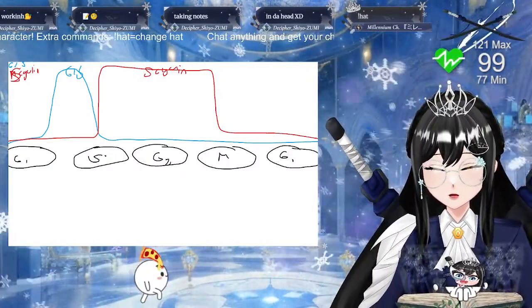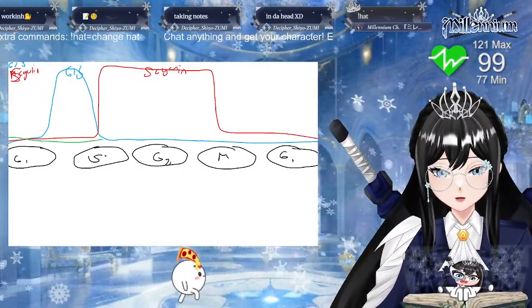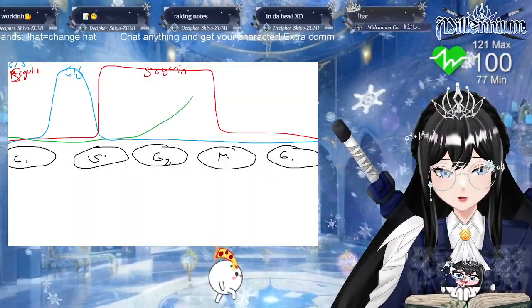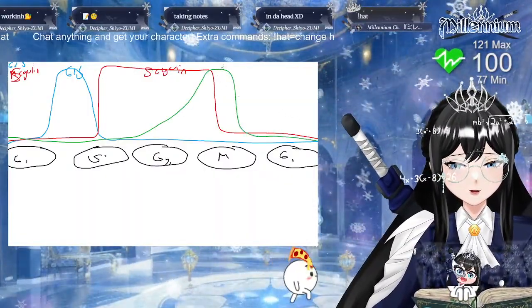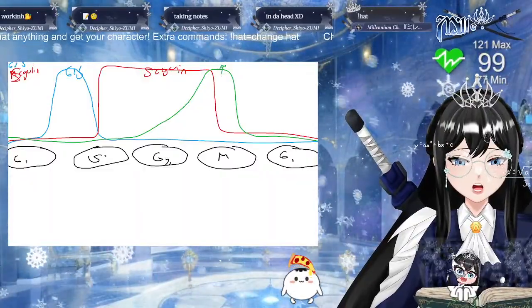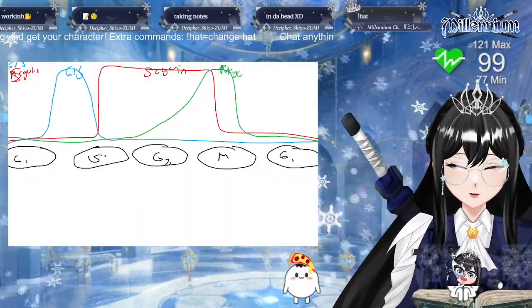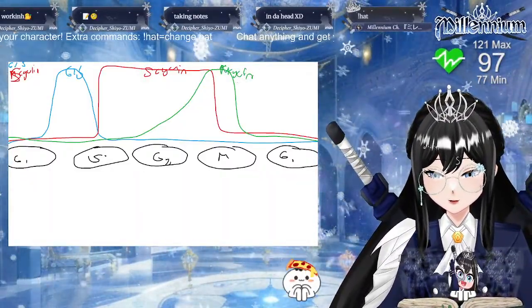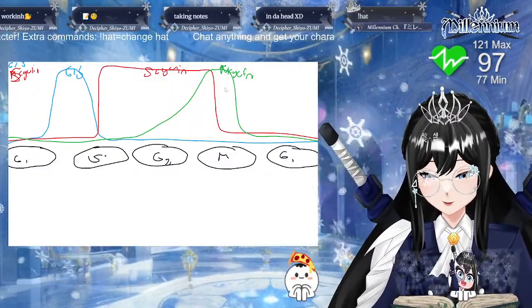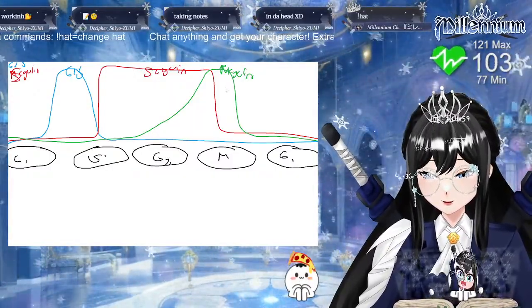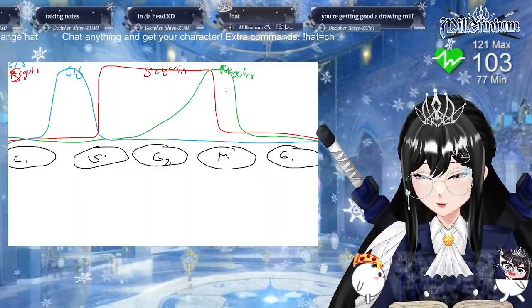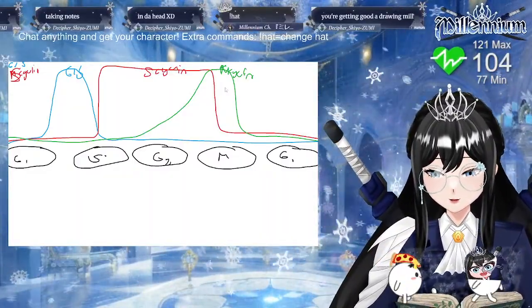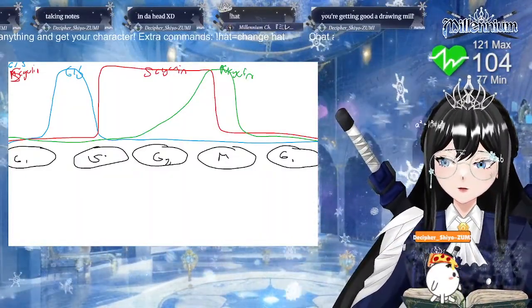It's gonna go a little bit higher around here. Like that. Yeah, much better. This is your M cyclin. It rises before mitosis and peaks, but is degraded after metaphase.